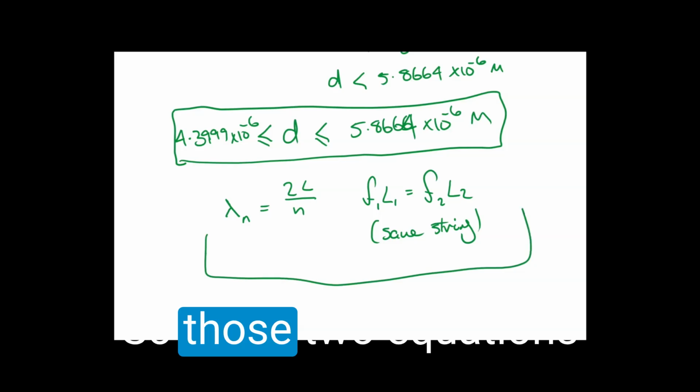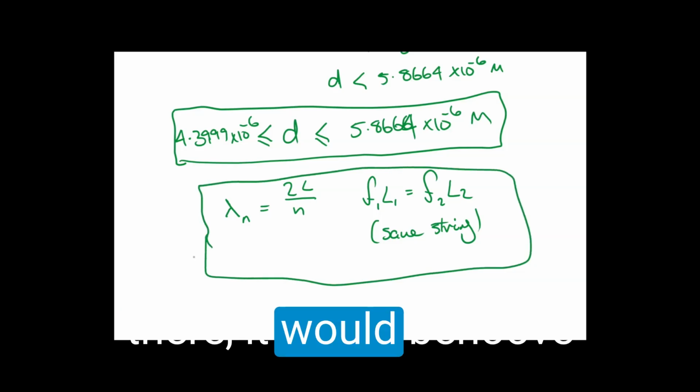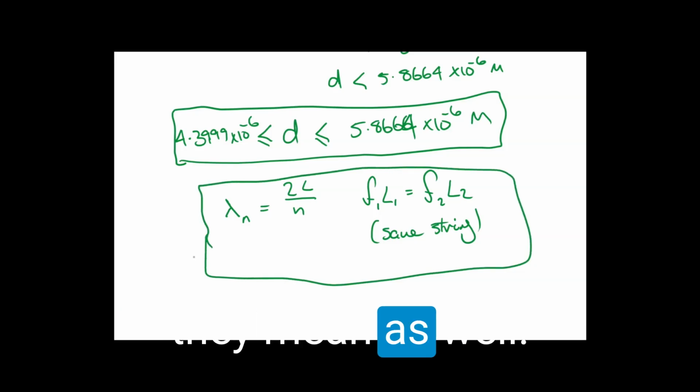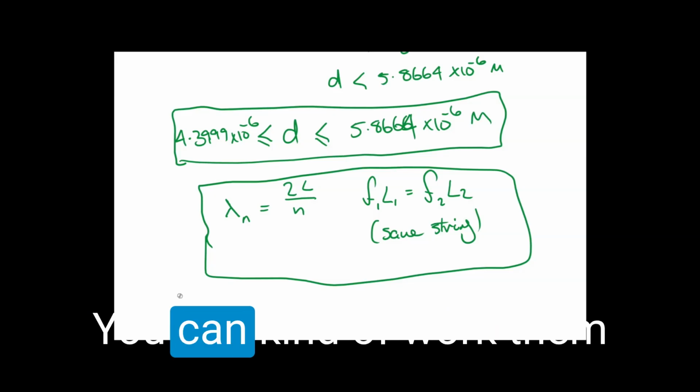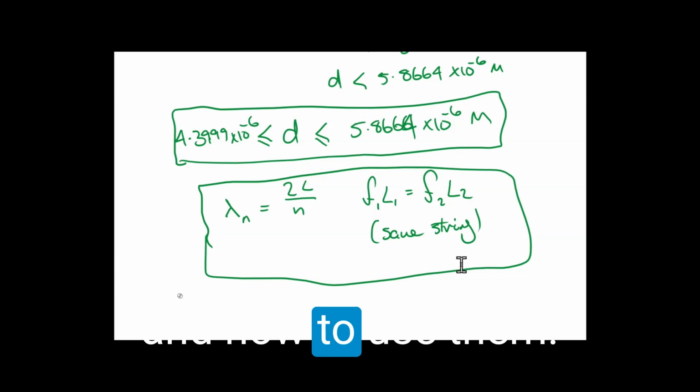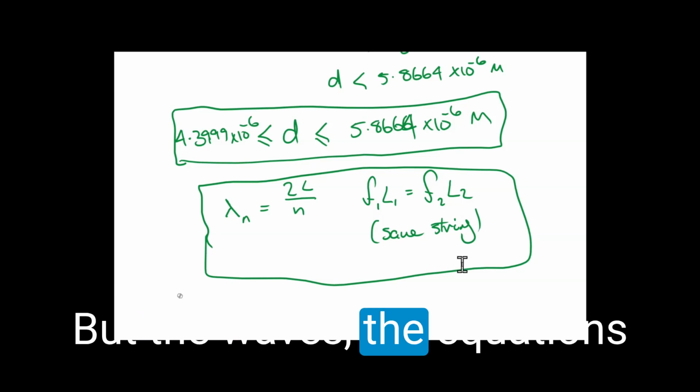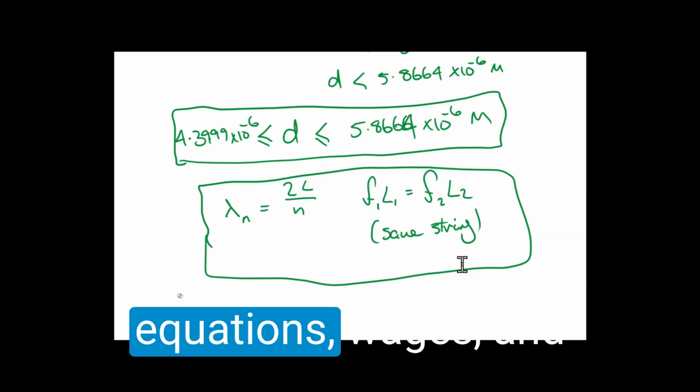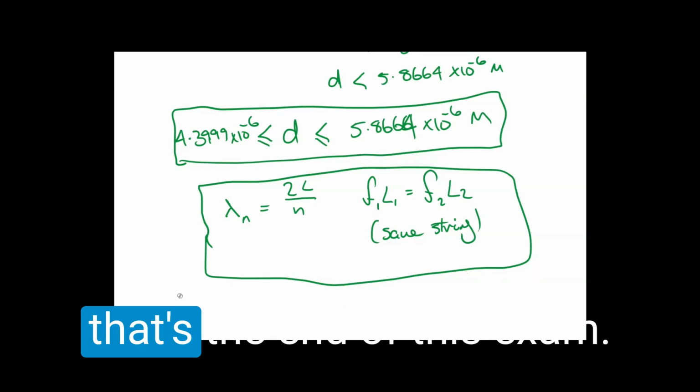It would behoove you to know what those two equations mean as well. They're not given to you. You can kind of work them out, but it's a lot quicker if you know what they are and how to use them. For the waves, always go back to the equations. And that's the end of this exam.